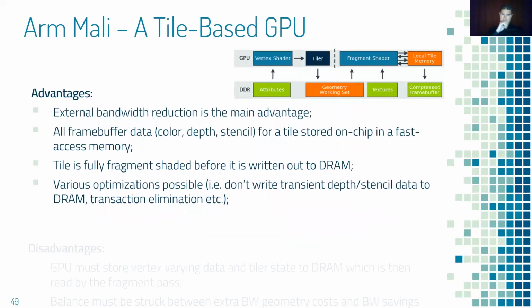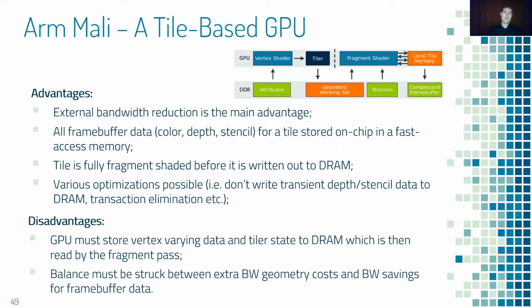Of course, there are disadvantages. The GPU must store vertex varying data, in the tiler state, which is basically the product of the vertex shading or geometry stage. It has to write it to external RAM, which is then read by the fragment pass. So a balance must be struck between this extra bandwidth in geometry and the bandwidth savings from frame buffer data.